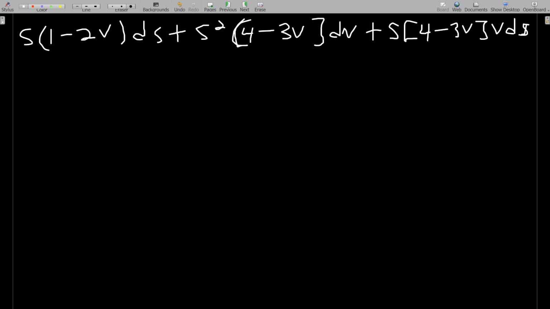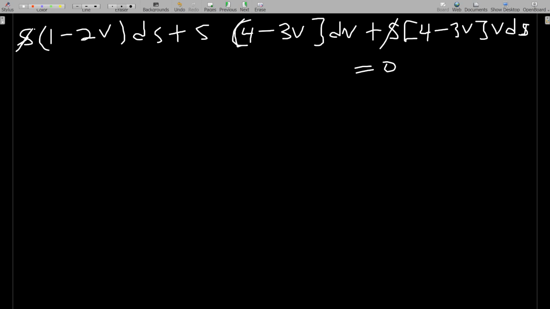Okay, so therefore this is equal to 0, so I can actually divide through by s, and this s will go. One of these s's will go, so the square will go like that.